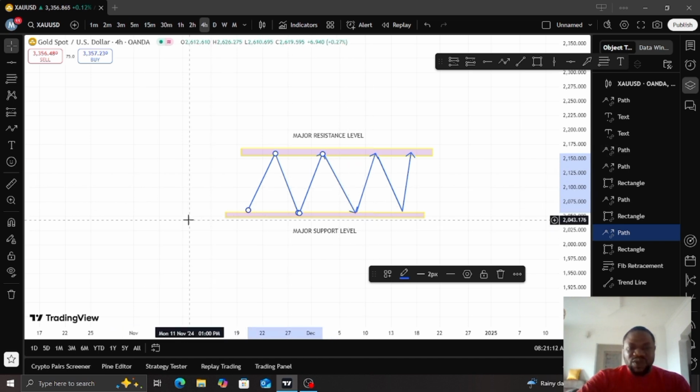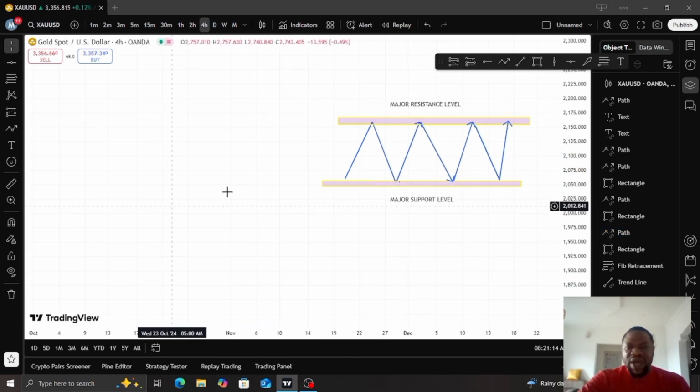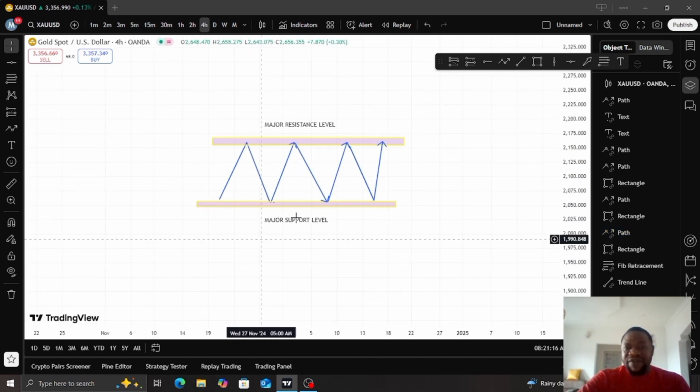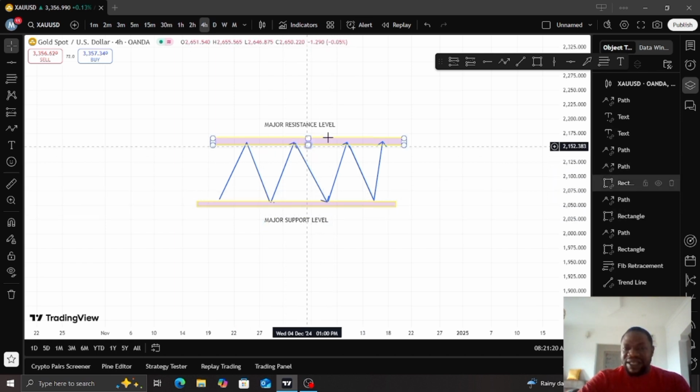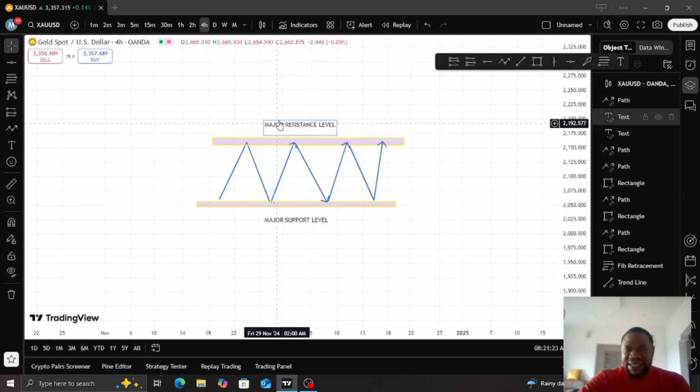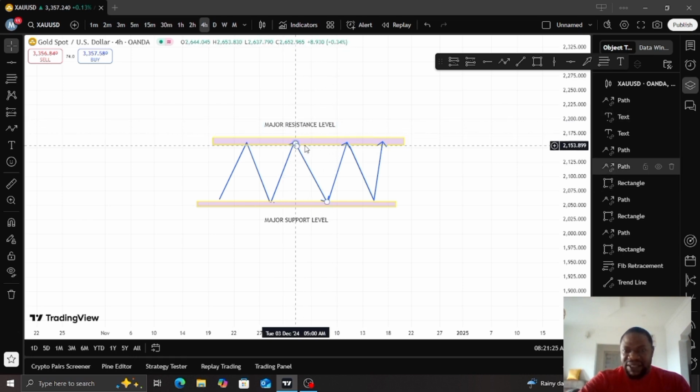Now before we head there, there are cases where you have a support turned to resistance, and you have a resistance turned to support. For instance, this is a resistance, right? We have this point as our resistance level.